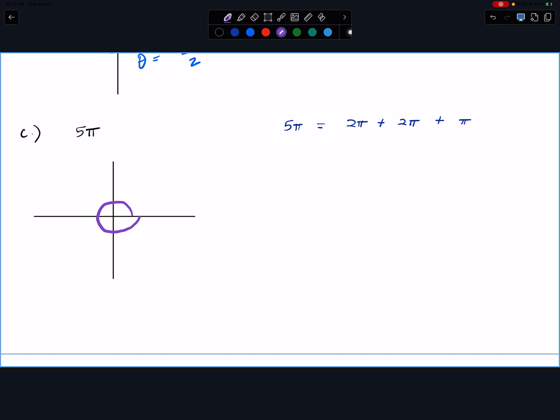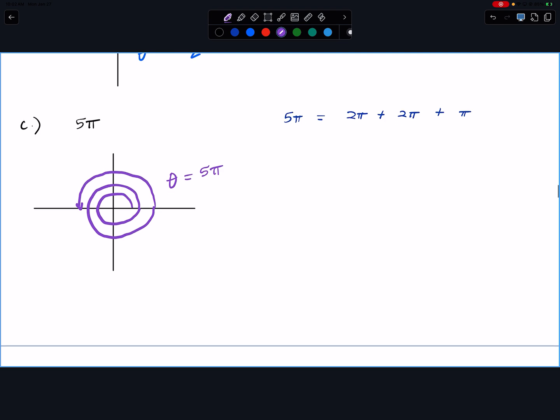And then we're going to go again. So that would be 4 pi. Now, pi is how much of the circle? Half. So I'm just going to go around one more half rotation, so something like this. Okay, questions on that?